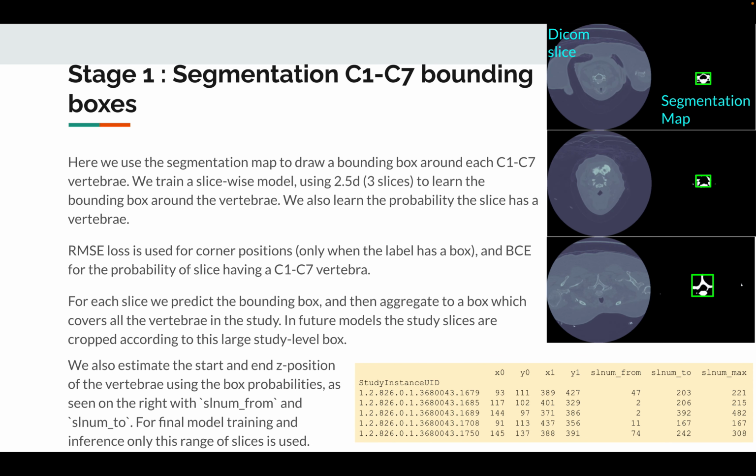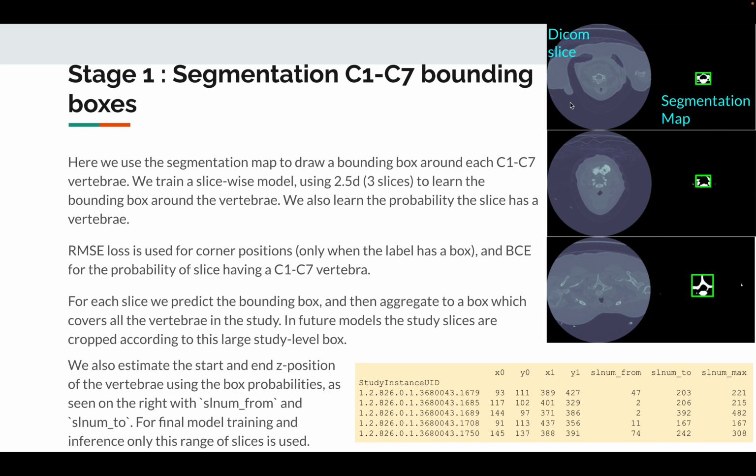So to talk about the stages, we talked a little bit about how we get the slice level ratio. Oh, sorry, this is the bounding boxes. What we do is crop out bounding boxes to give more resolution on the DICOM.